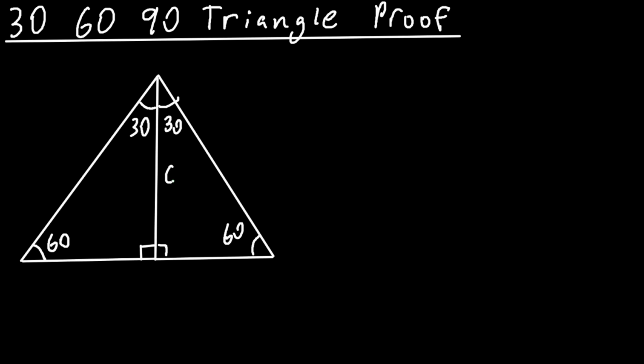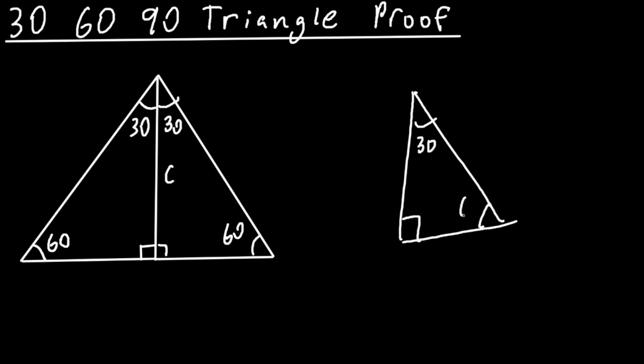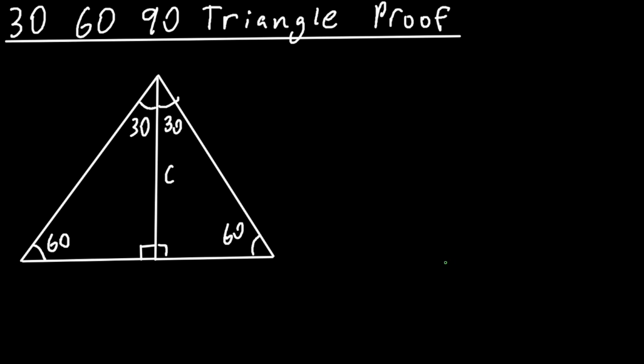Like I said before, when you have the 30, 60, 90 triangle, the side length across from the 30-degree angle is going to be x, right? So I'm going to put everything in terms of x. This is going to be x, and this also has to be x because it's the same length.